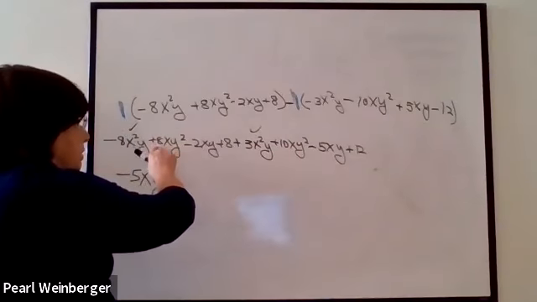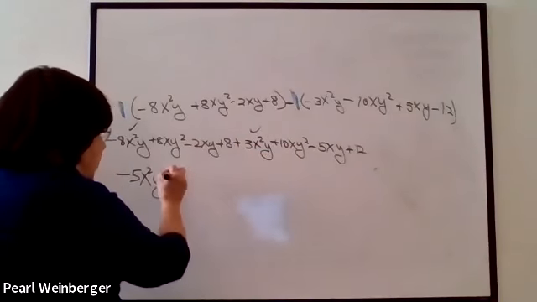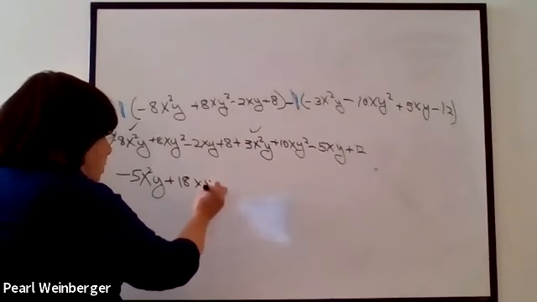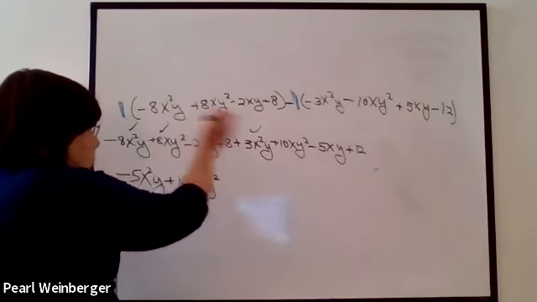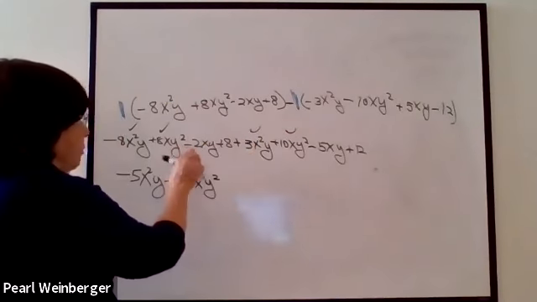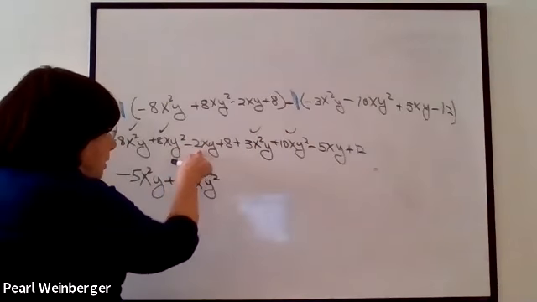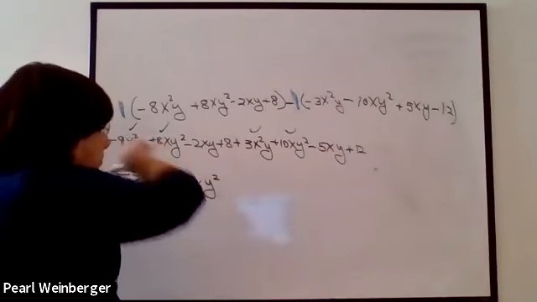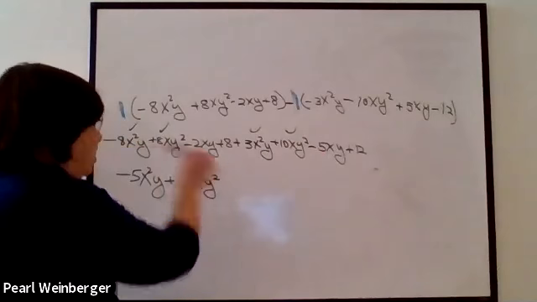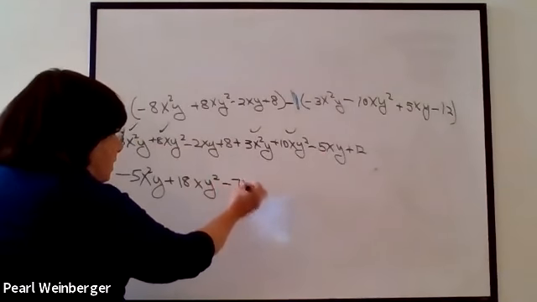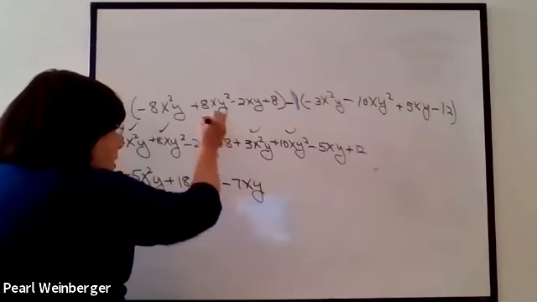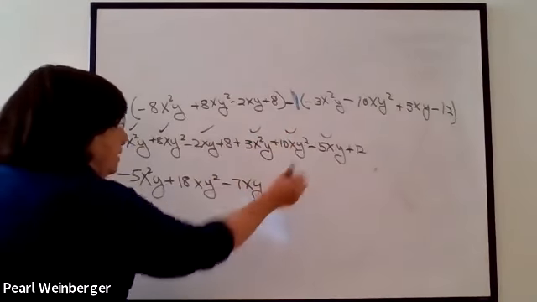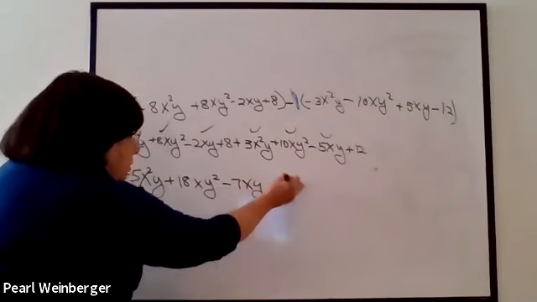Those are like terms. 8 plus 10 is 18. So that becomes plus 18xy squared. Okay, check, check. Now we have a negative 2xy and a negative 5xy. Those are like terms. And negative 2 and negative 5 is negative 7xy. And finally, we have a positive 8 and a positive 12, which is a positive 20.